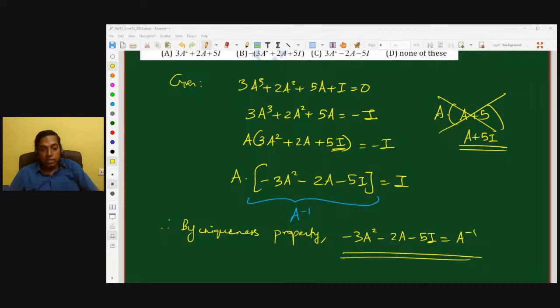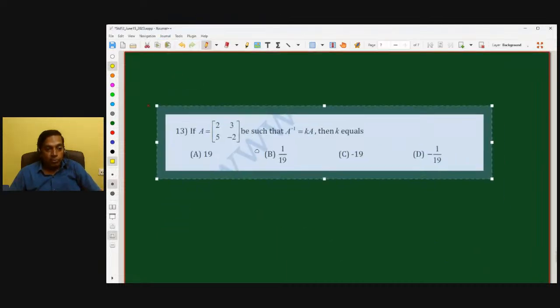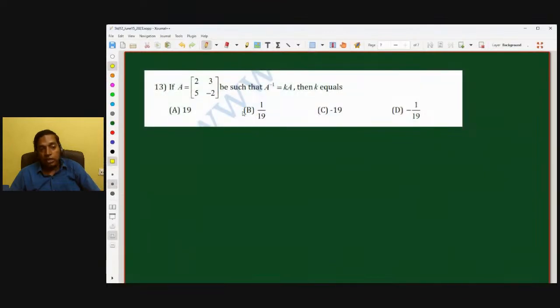Okay. Now let's move on to question 13. Again, we are learning about properties of inverse before we learn how to find inverse for complicated matrices.